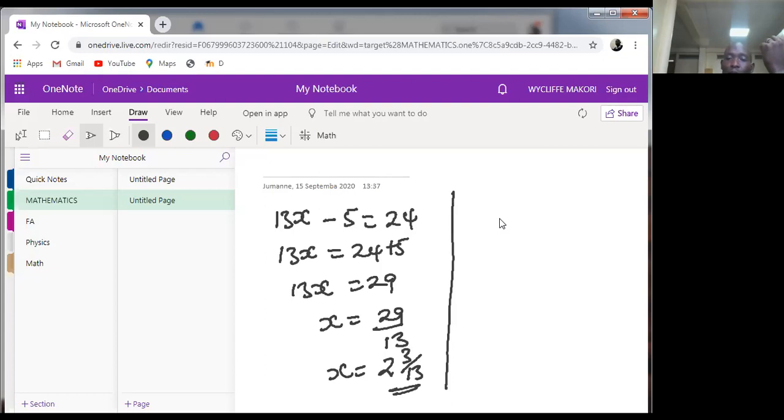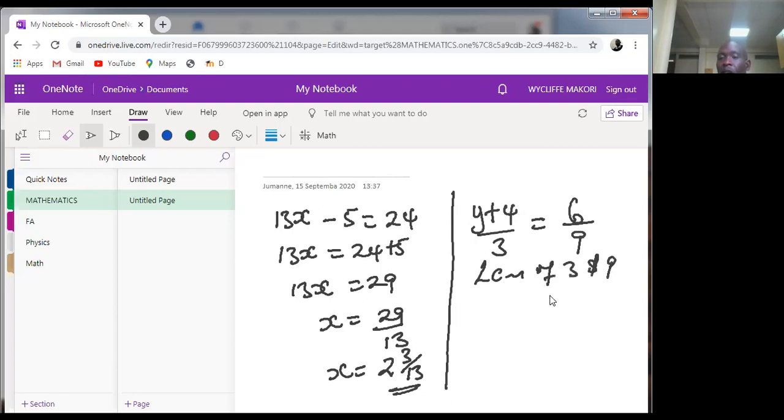You can have a question like this: y plus 4 over 3 is equal to 6 over 9. You are given an equation like that, and you are supposed to work out the value of y, which is the unknown in this case. The first thing you do anytime you are given an equation involving fractions is multiply everywhere by the LCM. In this case, the LCM of 3 and 9 is 9. So multiply everywhere by 9.